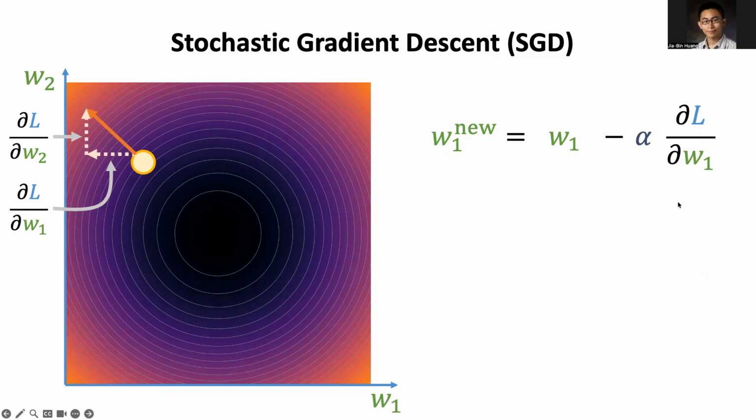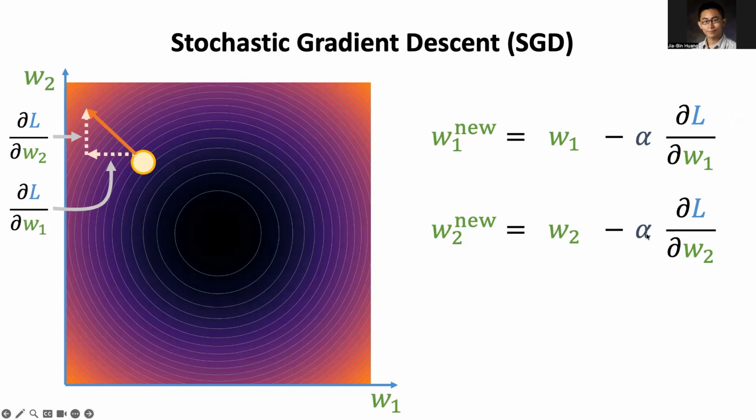You don't want to move too far. So you update your first parameter W1 in this form. You also update the second parameter in the same way. The new W2 is W2 minus the gradient multiplied by the learning rate.